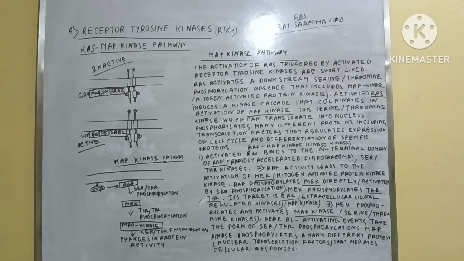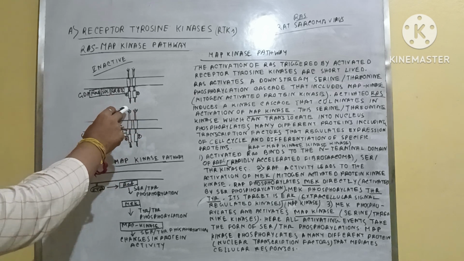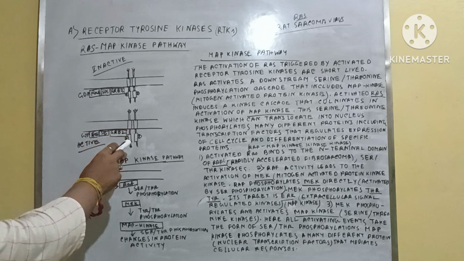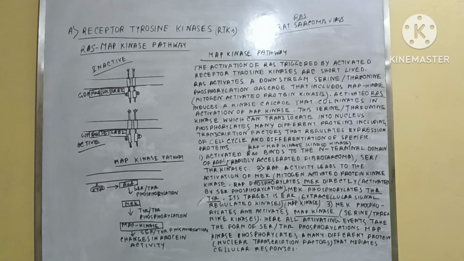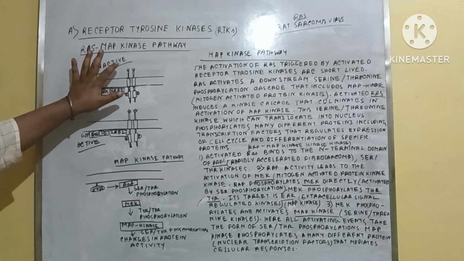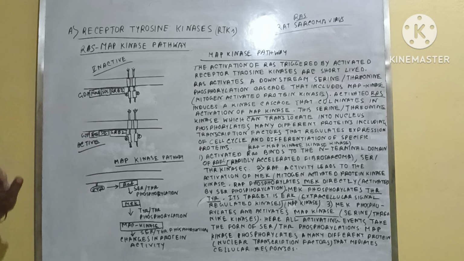Clear? And here this is actually the receptor and ligand bound receptor, and obviously phosphorus is there. Okay, so when GDP is there, these are in inactive form, but when GTP is there, these are in active form. This is the RAS MAP kinase pathway's brief drawing.